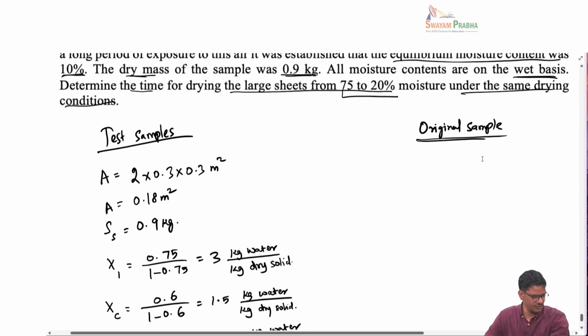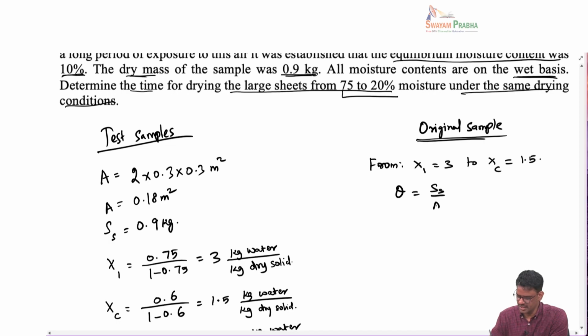Here we have the original sample, and the drying goes from x1 equal to 3 to xc, which is 1.5. Here the drying is constant, so we say that theta is SS by A, x1 minus xc by NC.